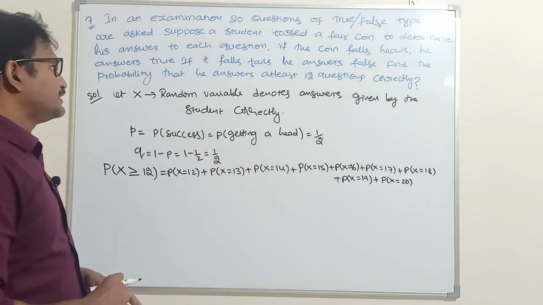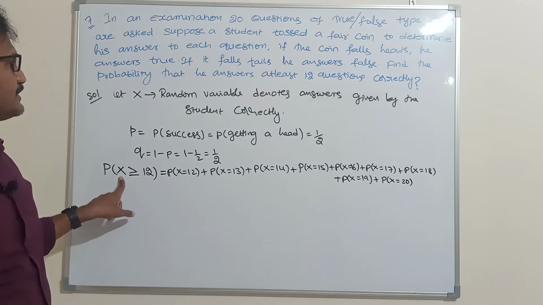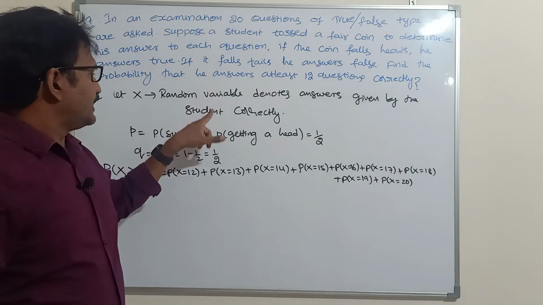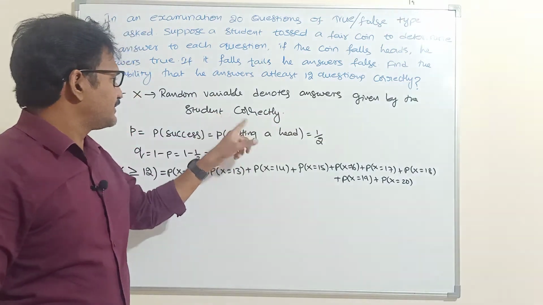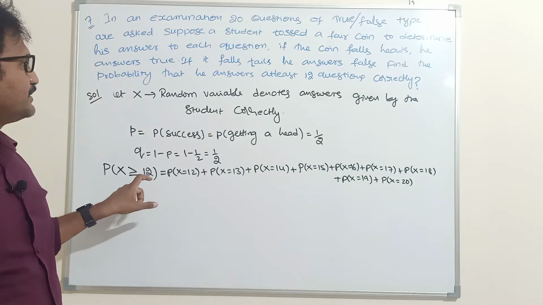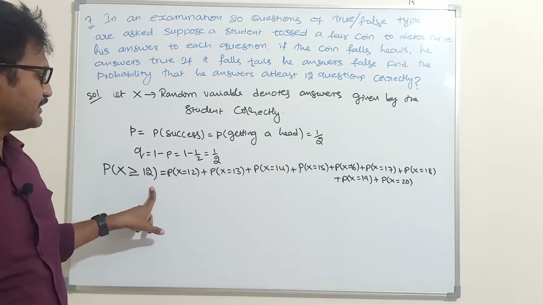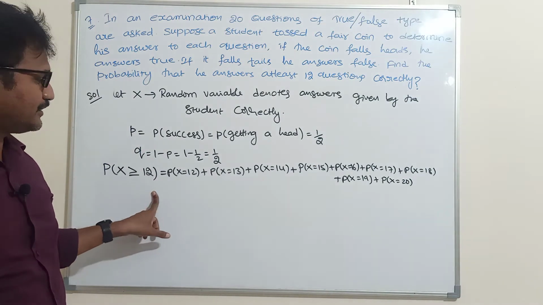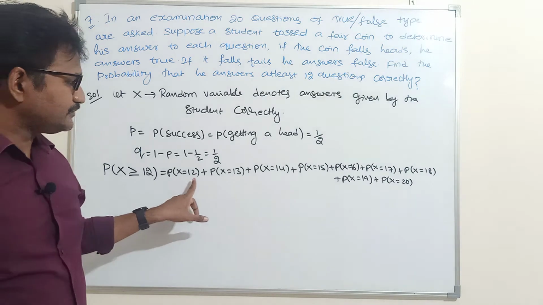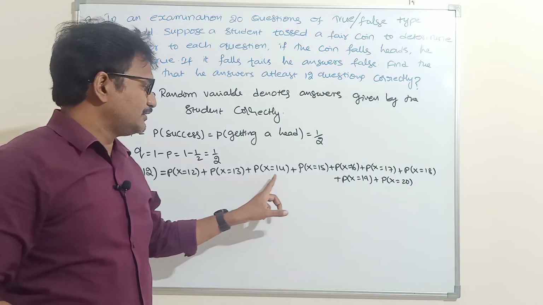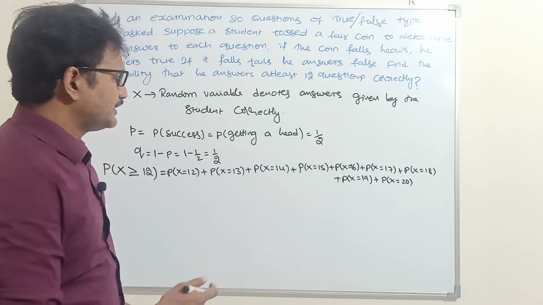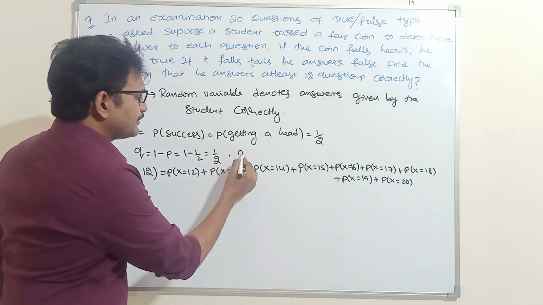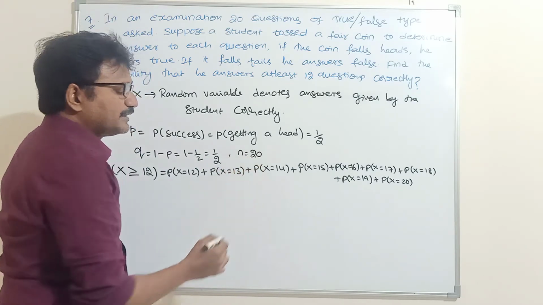That is, X equal to 12, 13, 14, 15, 16, 17, 18, 19, 20. So total how many questions are there? n value is 20.